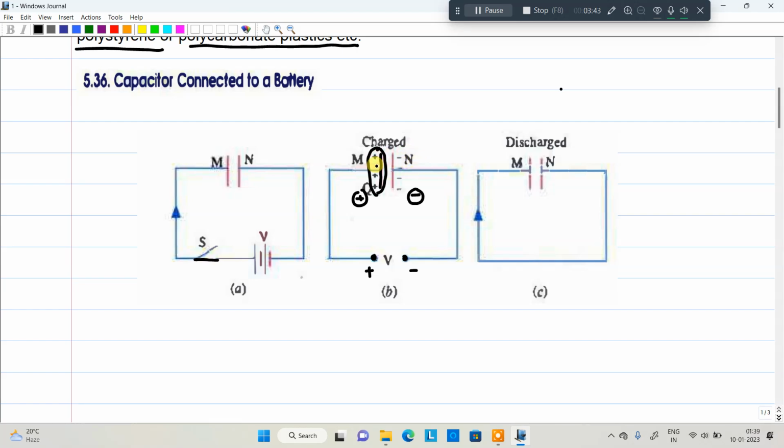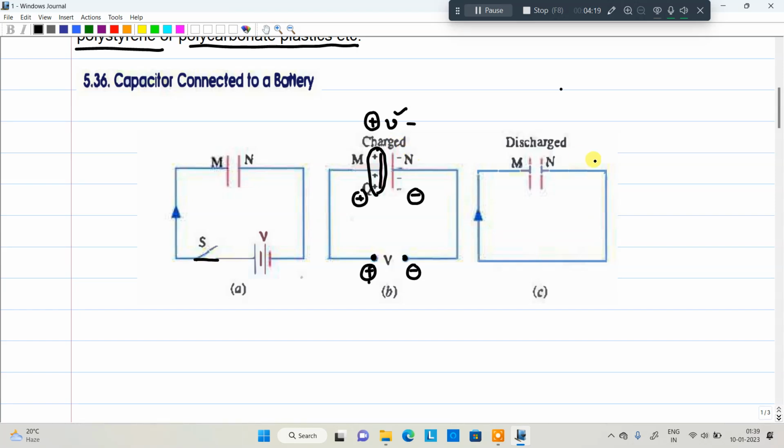This happens continuously as the voltage increases, until it reaches the maximum charge in between them. That means it reaches the maximum voltage, with positive and negative polarities, opposite to the supply voltage. That means it is fully charged.